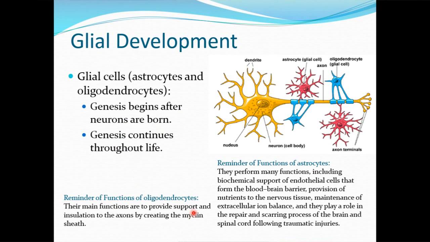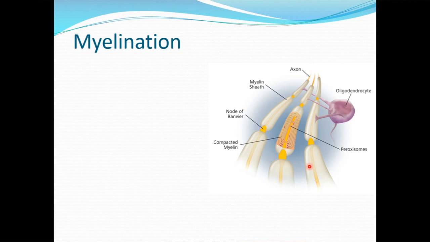And I just put these two reminders in of what the astrocytes do and what the oligodendrocytes do. But just in a nutshell, the oligodendrocytes help form myelin around the axons, for several axons at a time. The astrocytes tend to wrap around the capillaries and help with the blood-brain barrier.